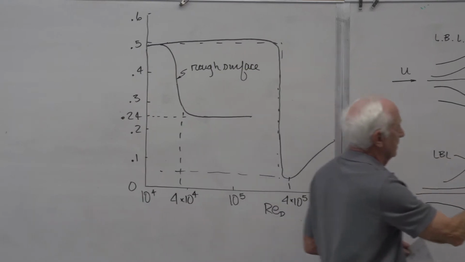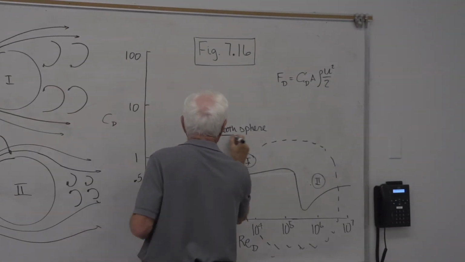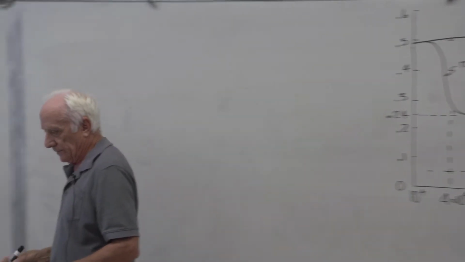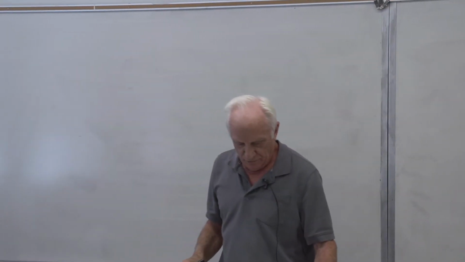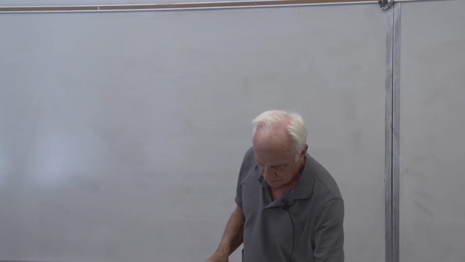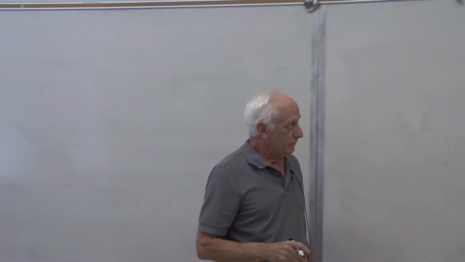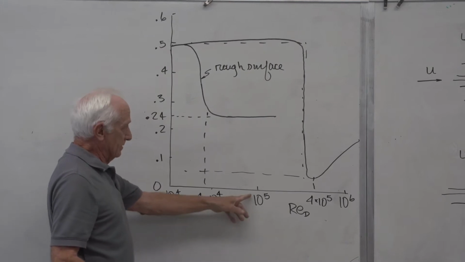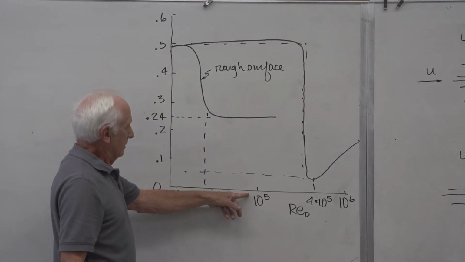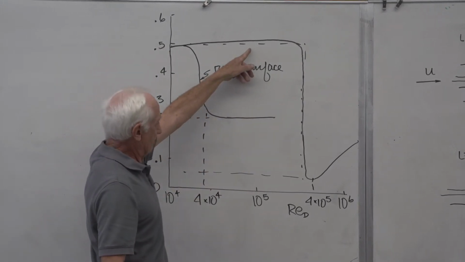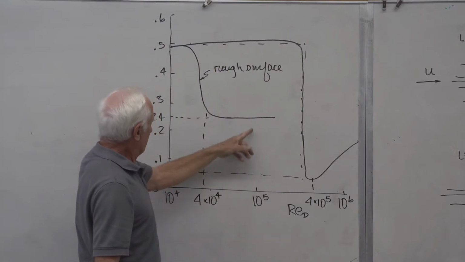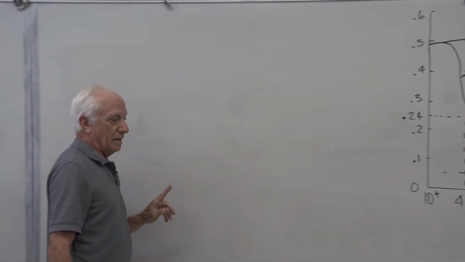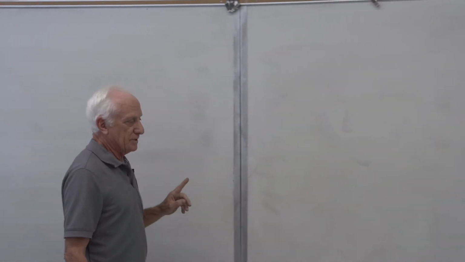Rough surface. This one is a smooth surface. So by roughening the surface, at Reynolds number 10 to the 5th, a smooth one, C sub d 0.5. A rough sphere, 0.24, half of that. You decrease it by 50%.